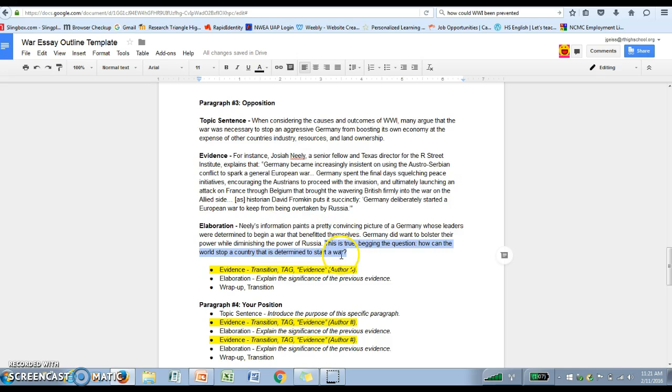So this question restates his position concisely, so that now in the next piece of evidence, I can prove that what he said is untrue. That's how your opposition should work. You should set up what your opposition believes using terms that show that you don't agree, such as many argue, and then you're going to show why they're wrong. So make sure you have a transition at the end of your elaboration that will move nicely into your next piece of evidence.